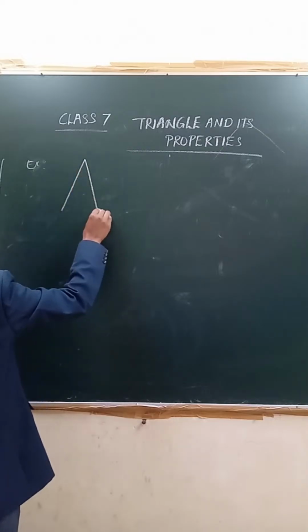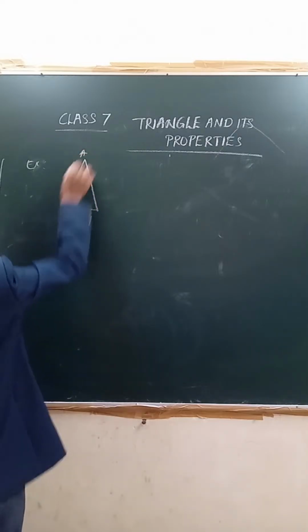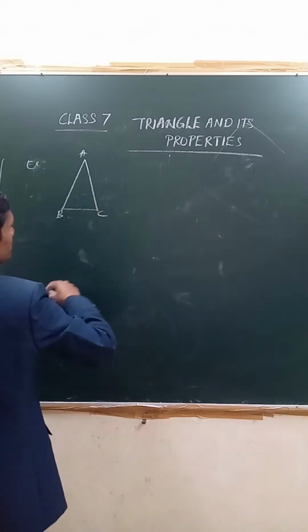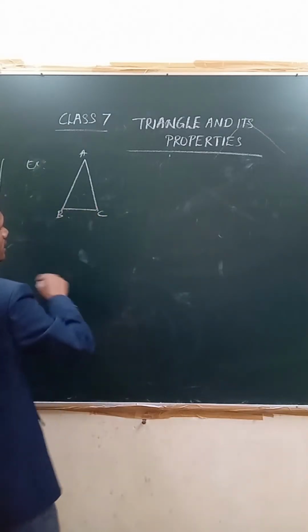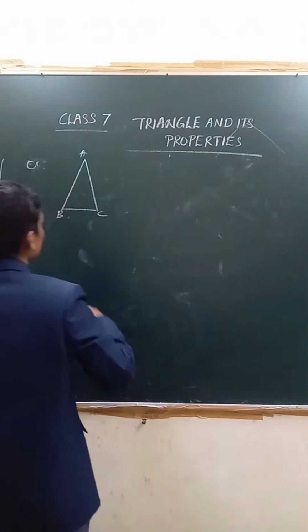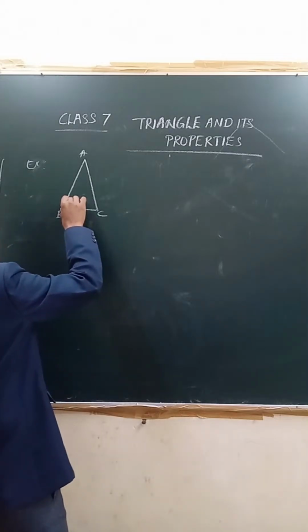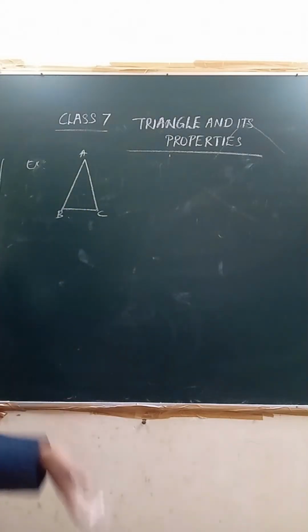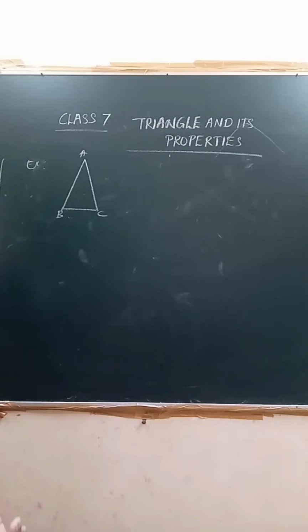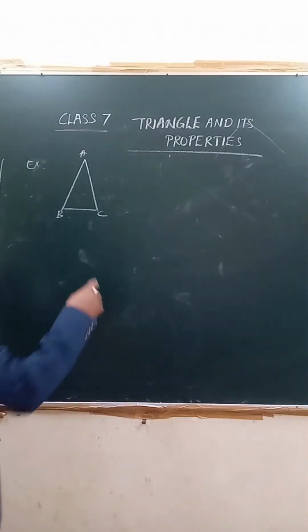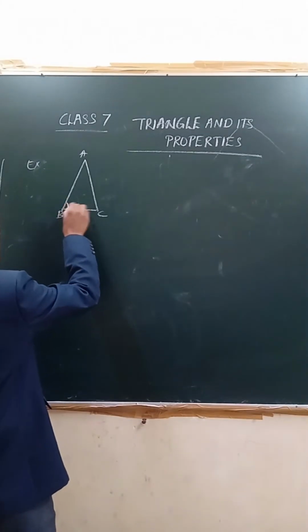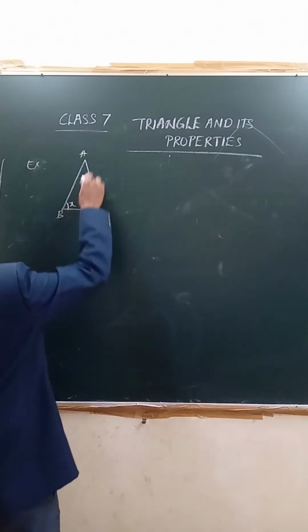Here A, B, C. Okay, now what we will do is here angles. This property is not given to you, but yet we will take it here. This is x, this is also x, right?